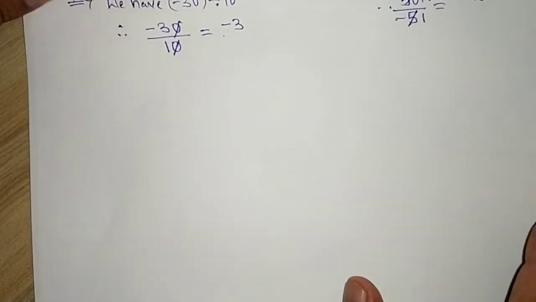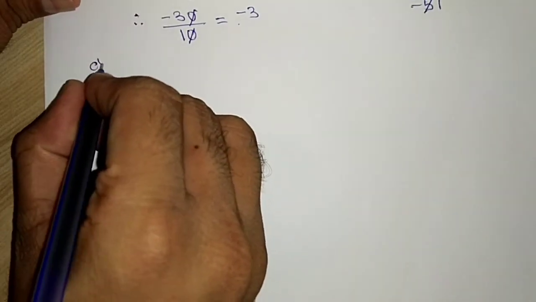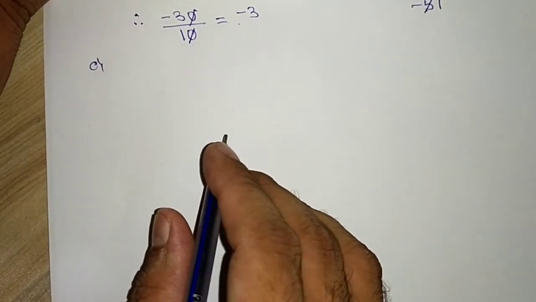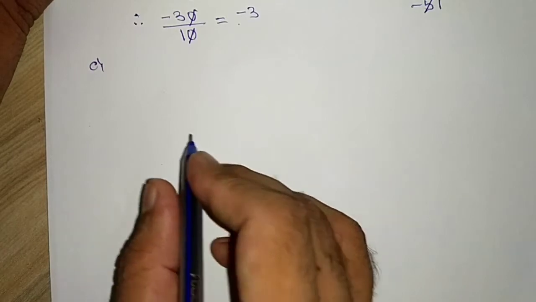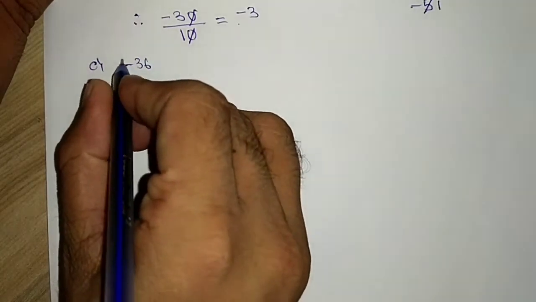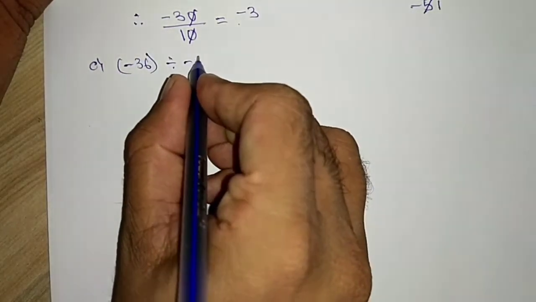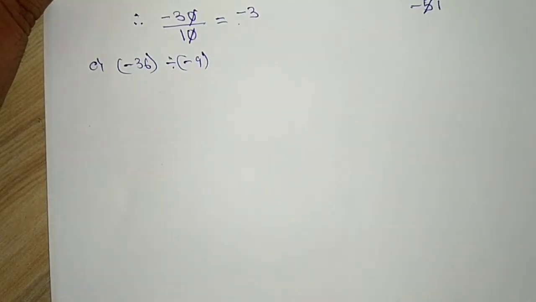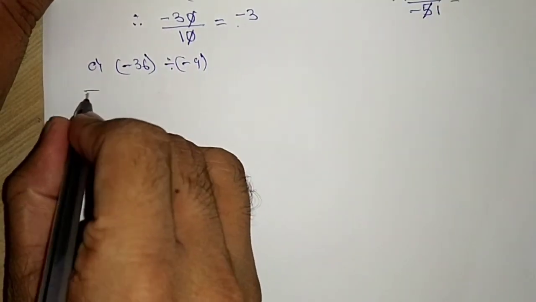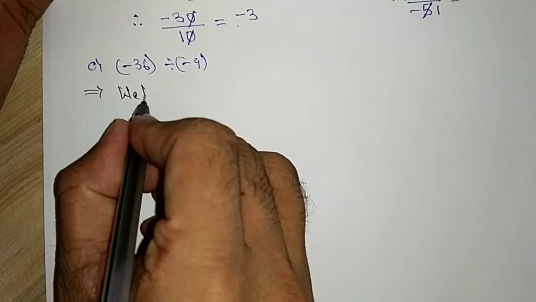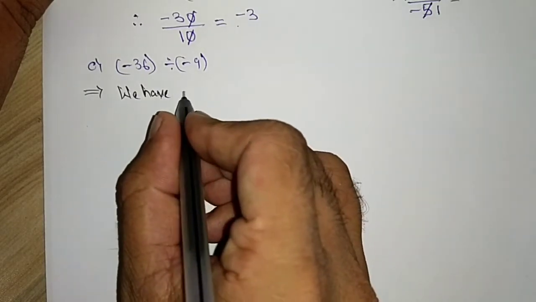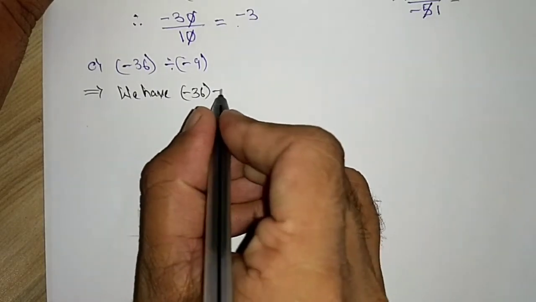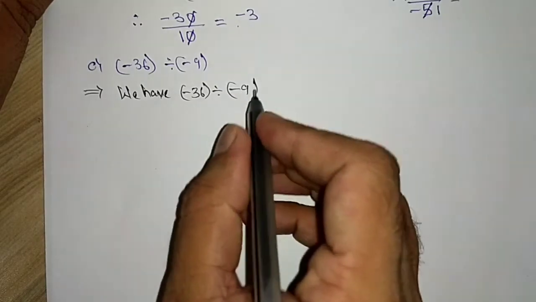Now C part. C has minus 36 divided by minus 9. Here both the integers are negative, so your answer will be positive. Why?